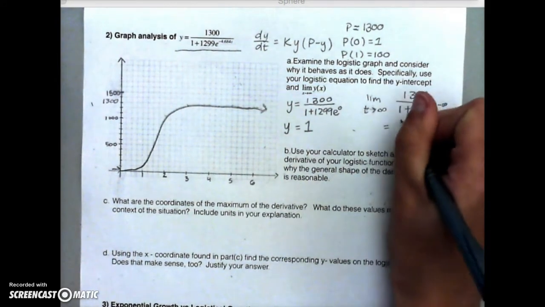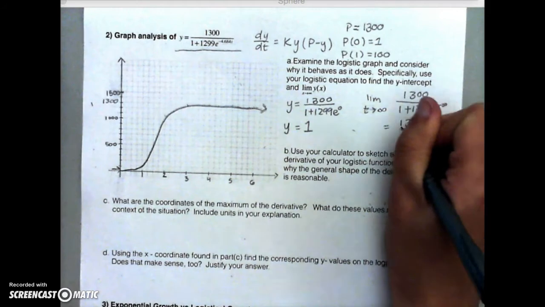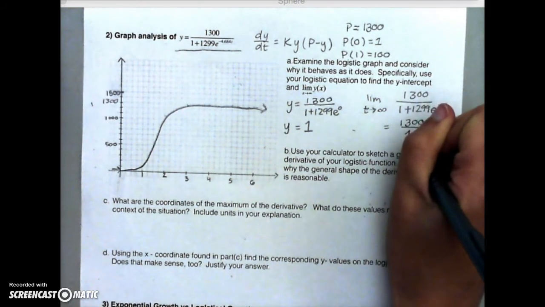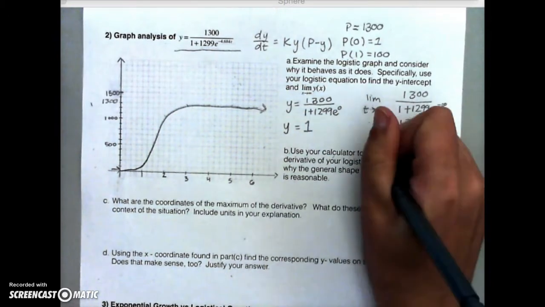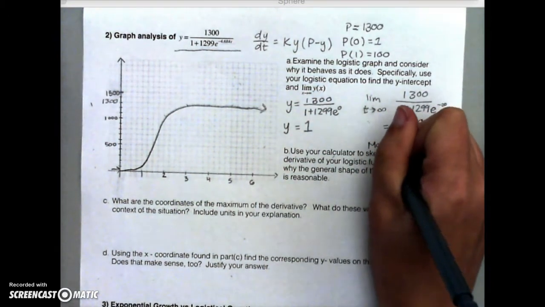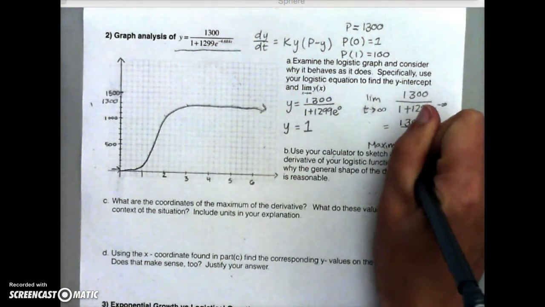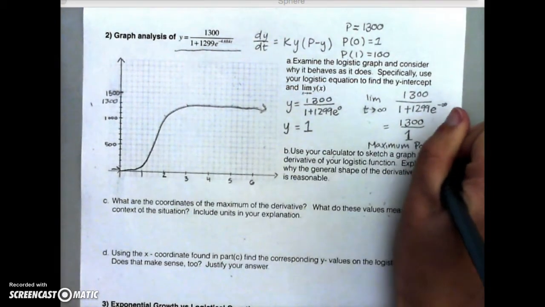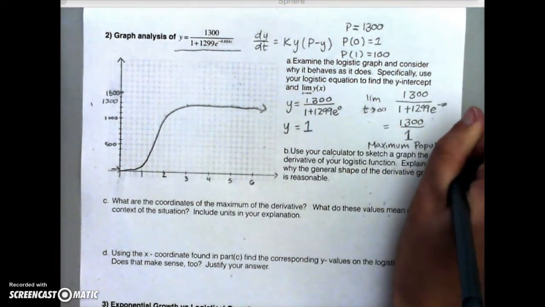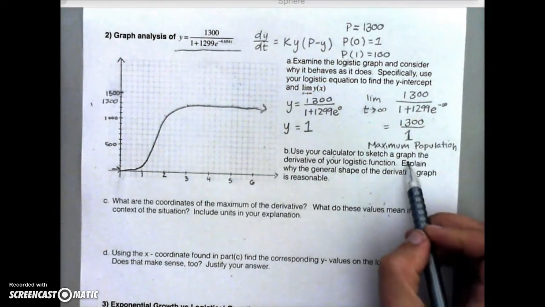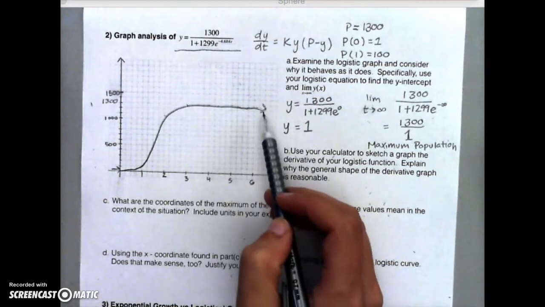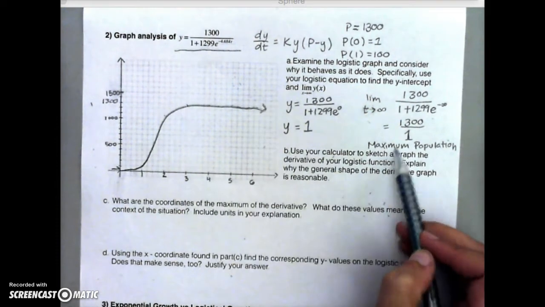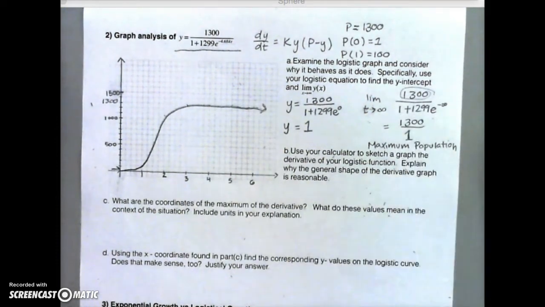So what we end up with is 1,300 over 1. And what this limit represents is the maximum population. There are only 1,300 students in the school, so only 1,300 can learn about the rumor. So it's going to top out at our maximum population, which is 1,300.